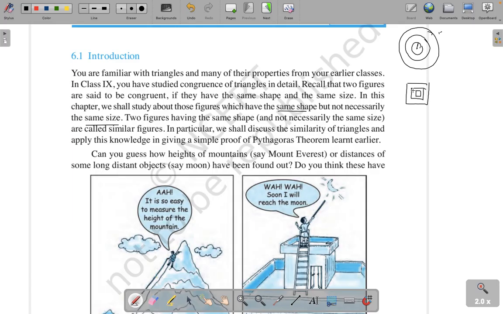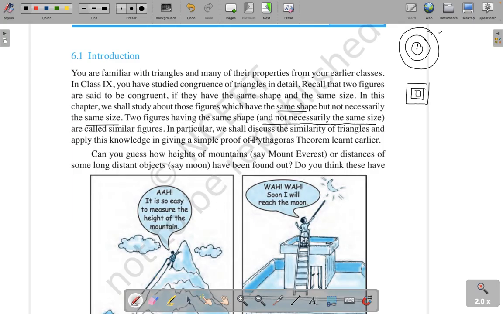So two figures having the same shape, and not necessarily the same size, is very important. There's no condition that they should have the same size, so they can have different sizes as well. So they are called similar figures.